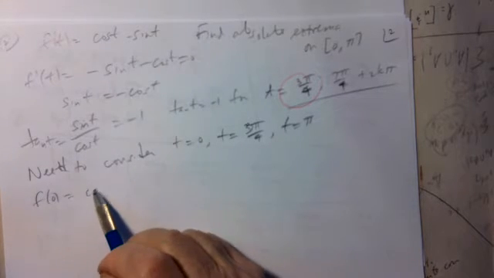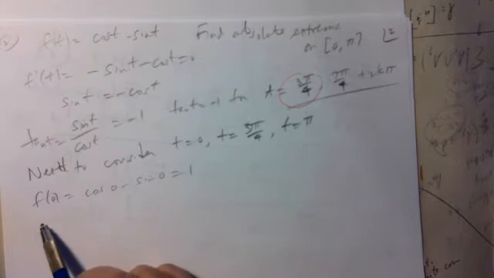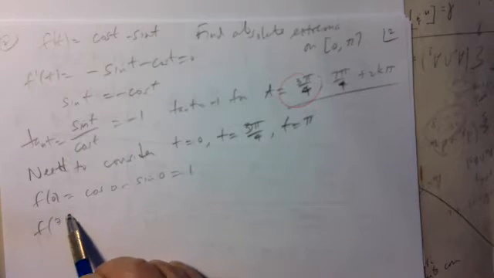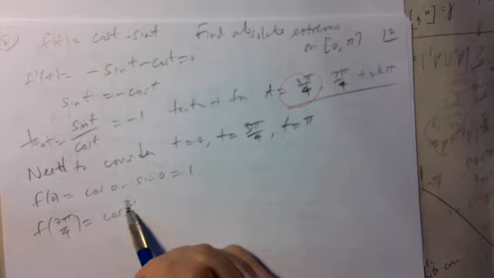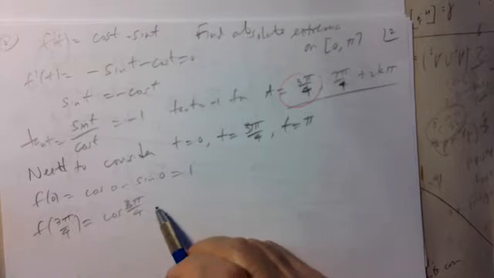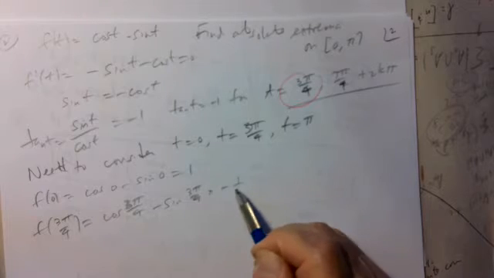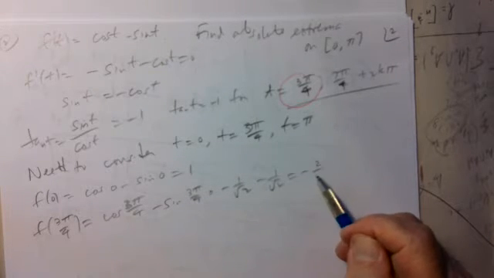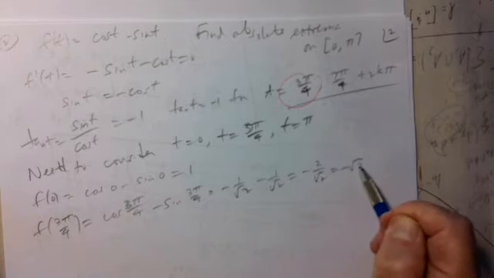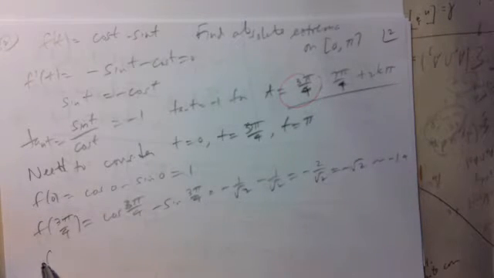f of 0, cosine 0 minus sine 0, is 1. f of 3 pi over 4, that's the cosine of 3 pi over 4 minus the sine of 3 pi over 4. That's minus 1 over root 2 minus 1 over root 2, which is minus 2 over root 2, or minus root 2, which is about minus 1.4.